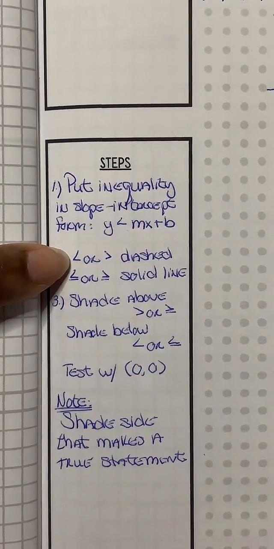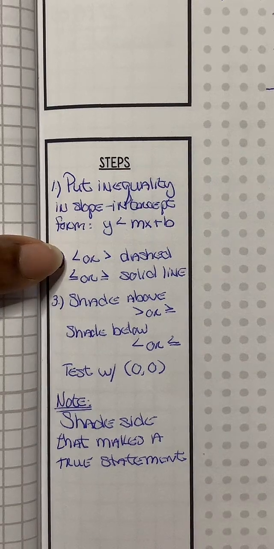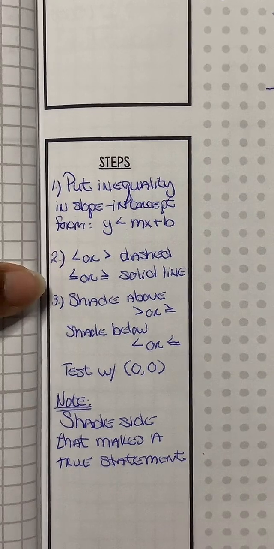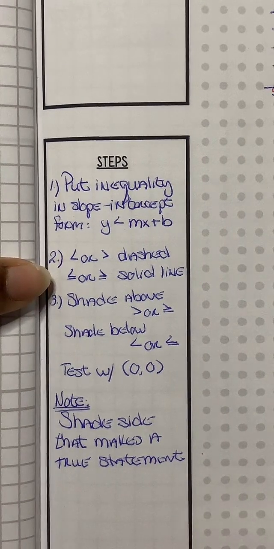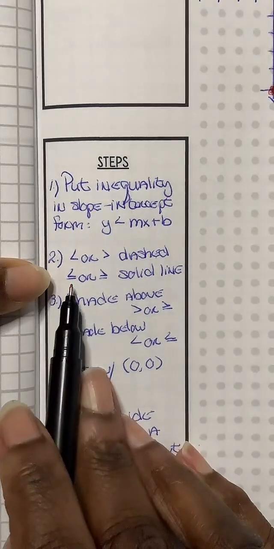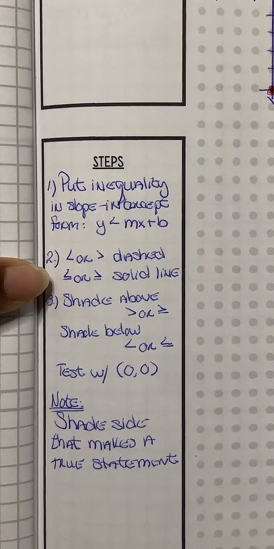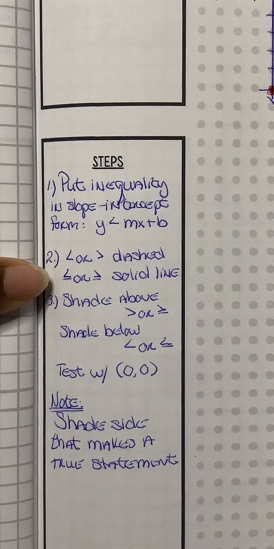When it's less than or greater than, the line you draw is going to be a dashed line. Less than or equal to or greater than or equal to is going to be a solid line. If it has the line underneath the inequality symbol, you're including those points. That's why it's a solid line, because you have that sense of inclusion.